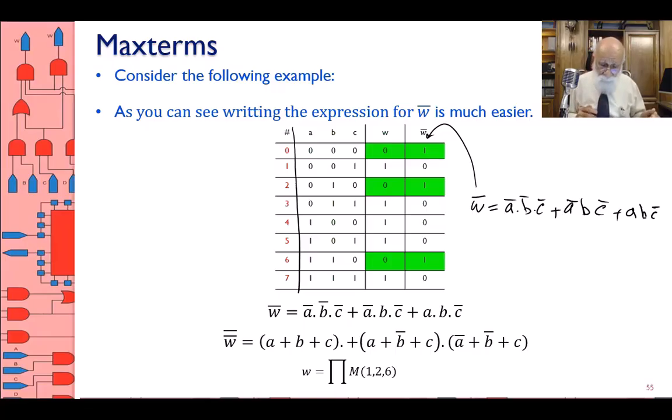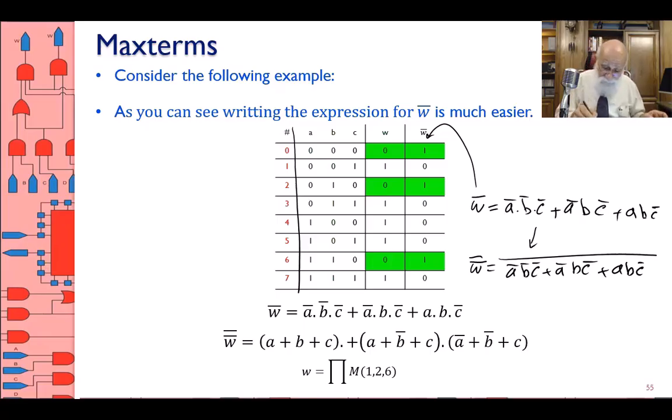Then what do I do? I have it all written down here, but I like to write on the screen. I'm going to double bar this, because what I'm writing here is W bar, but what I really want is W itself. So I bar this and also bar the right hand side. Apply De Morgan's.